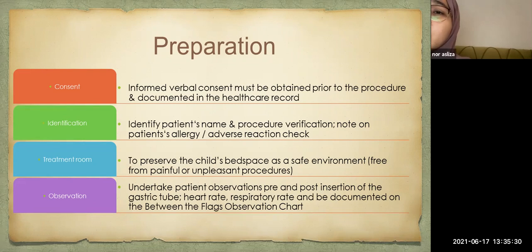Perform this procedure in the treatment room in order to preserve the child's bed space as a safe environment. Then observe the pre and post insertion vital signs, like heart rate and respiratory rate, and document them in the patient record. Okay, next slide.